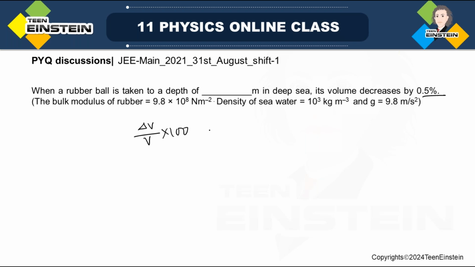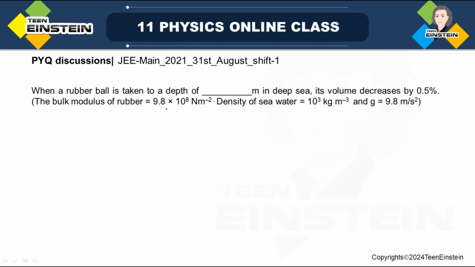If you multiply by 100, you get it in percentage. Or we can say delta V by V is 0.5 by 100. So this is given here.